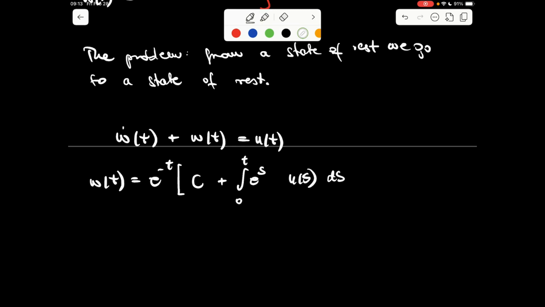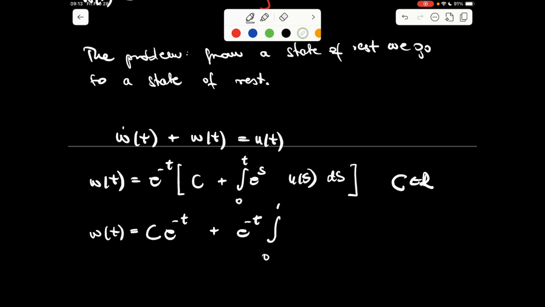Of course, we know nothing about the function u. The constant is a real number. After expanding this solution, we will receive c times e to the t plus this integral. Okay, it's just ordinary expansion.